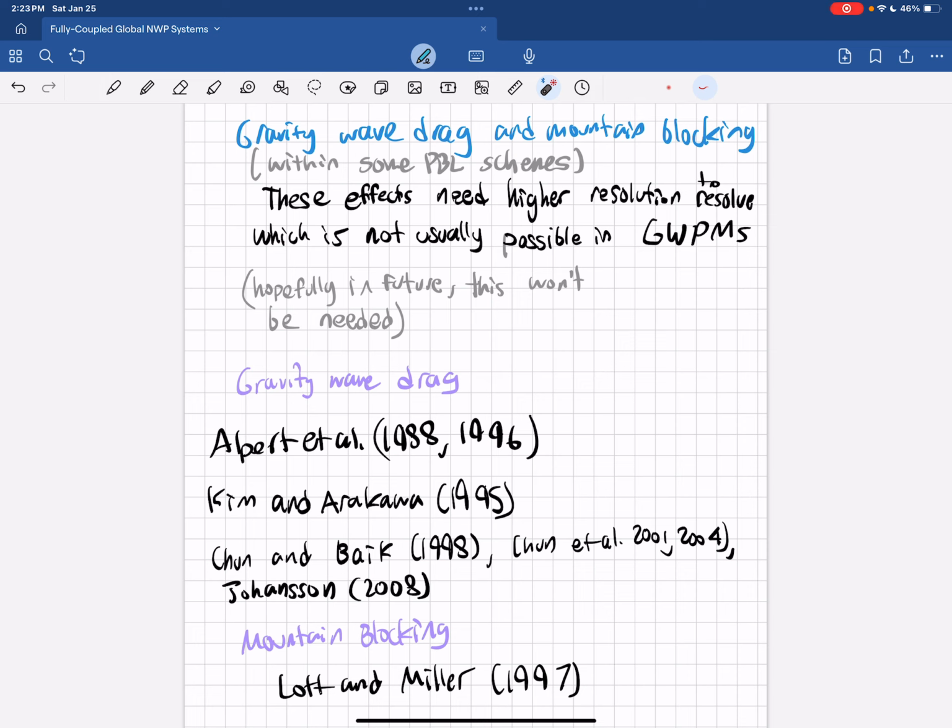So I think there's something like 20,000 kilometers in each direction. So you would need a grid size of like 20,000 by 20,000 if you're assuming that Earth was a square, which it is not, but that's just an estimate.